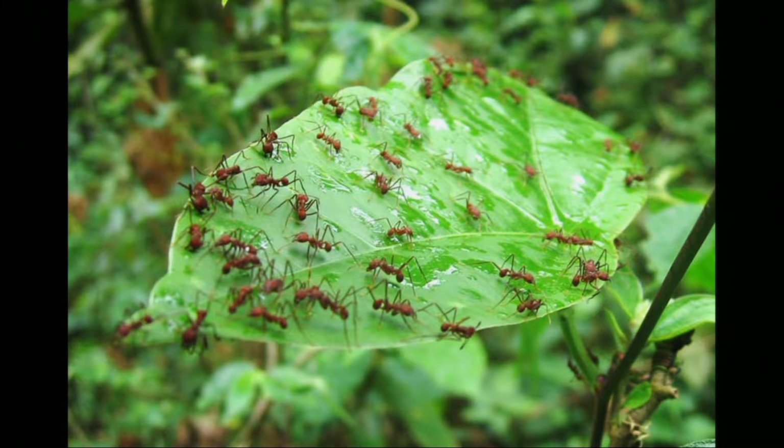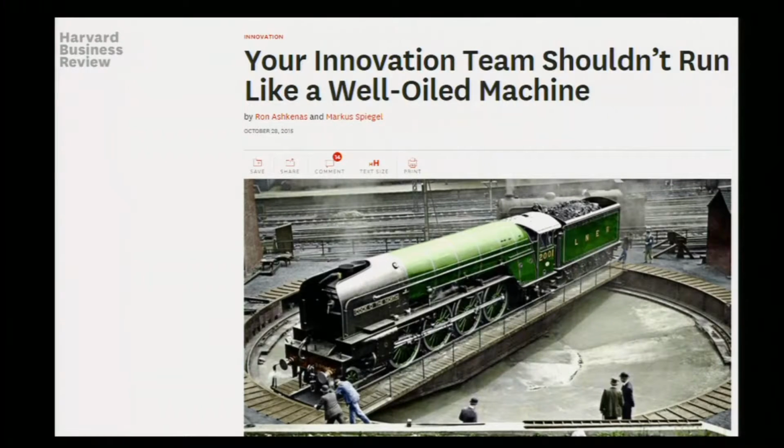It turns out this idea about innovation looking more like an ant colony than a machine was written up in Harvard Business Review this last year. Your innovation team shouldn't run like a well-oiled machine, because well-oiled machines don't innovate.